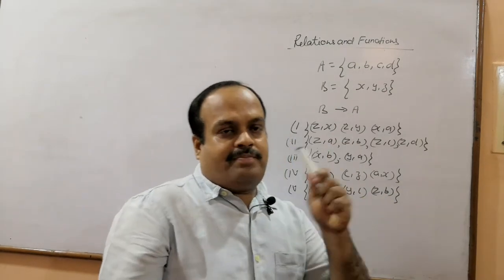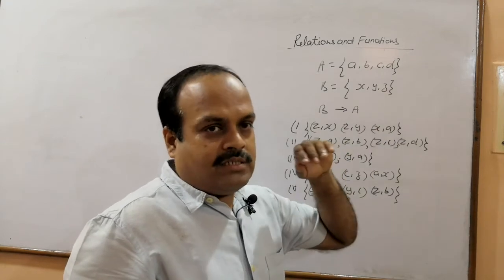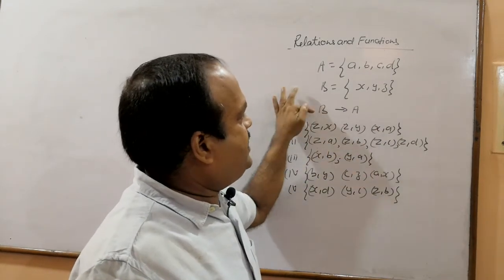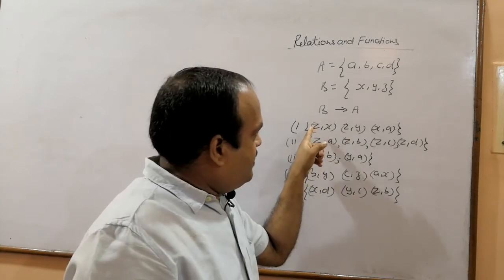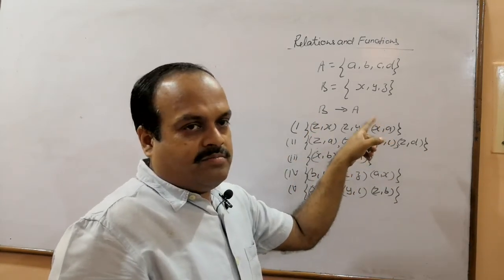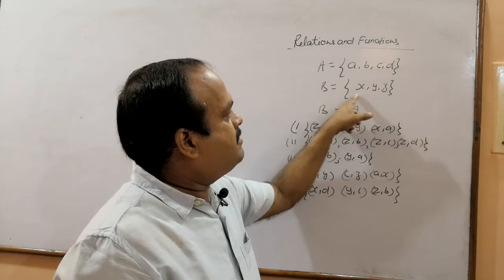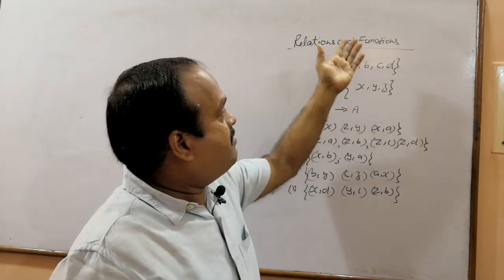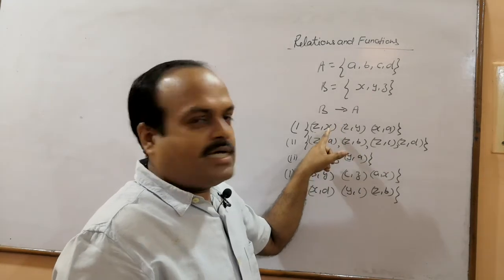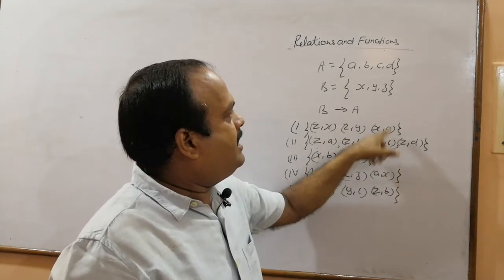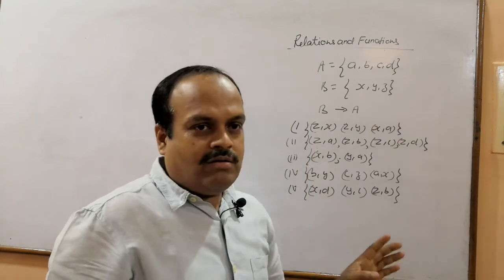So we have collections of ordered pairs. If we want to see whether these collections of ordered pairs are the relation from set B to A or not, then we need to see that the first entry of every element must belong to set B. So Z, Z, X. Second entry must be from set A, but here the second entries are X, Y and A. A has A, B, C, D. So second entry should be A, B, C, D, no?